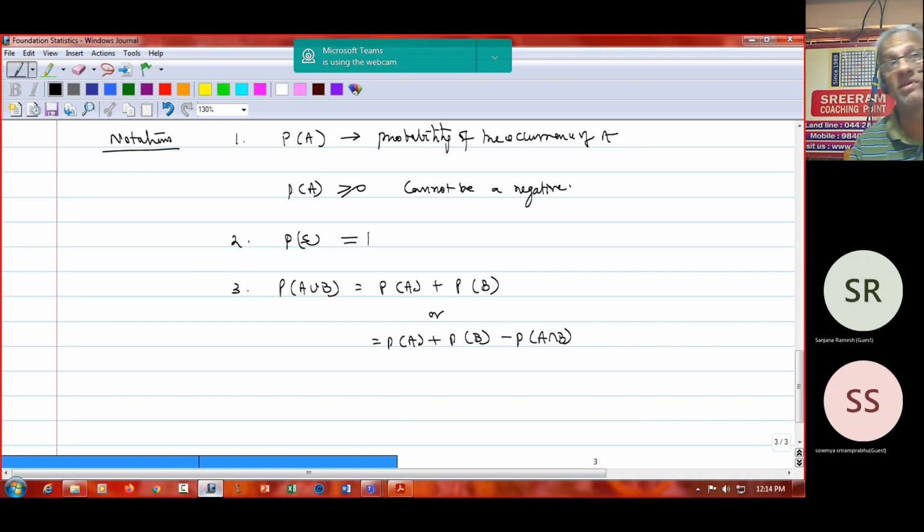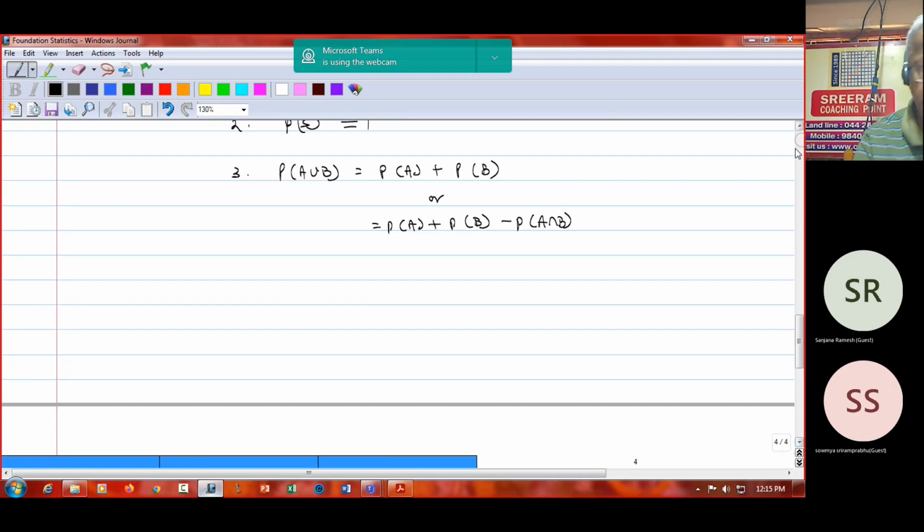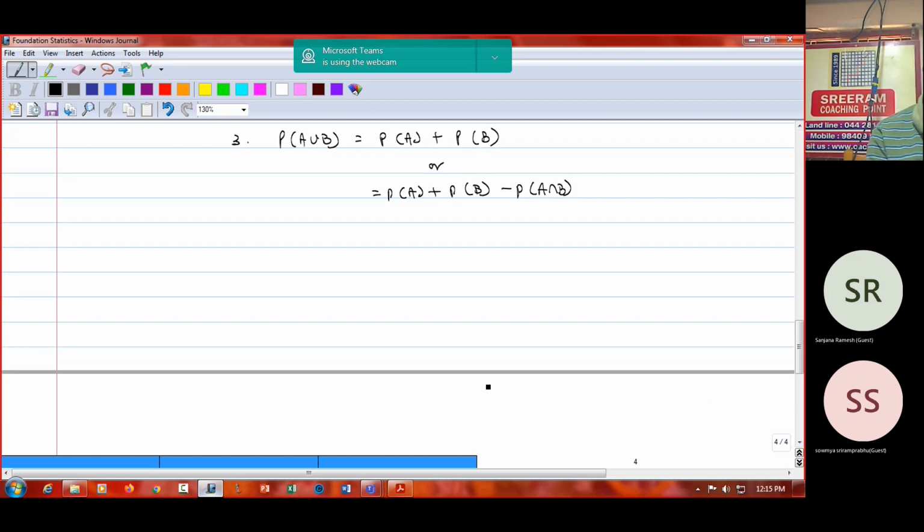This is the reason why you said set theorem, when they are mutually exclusive. A intersect B should be mutually exhaustive. Please, I will explain this exhaustive, exclusive a little later and then take that. Next.